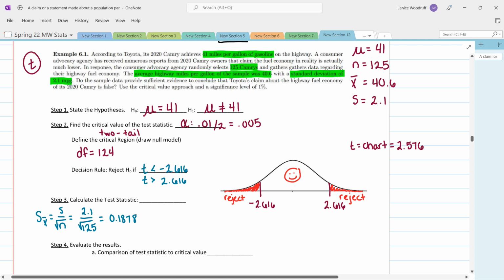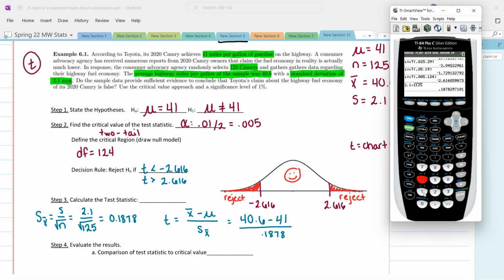Then to find the test statistic, we're going to go x bar minus the mean over the standard deviation of x bar. Okay, so x bar, our sample mean was found to be 40.6. Our mean is 41. And then we're going to divide by that 0.1878.